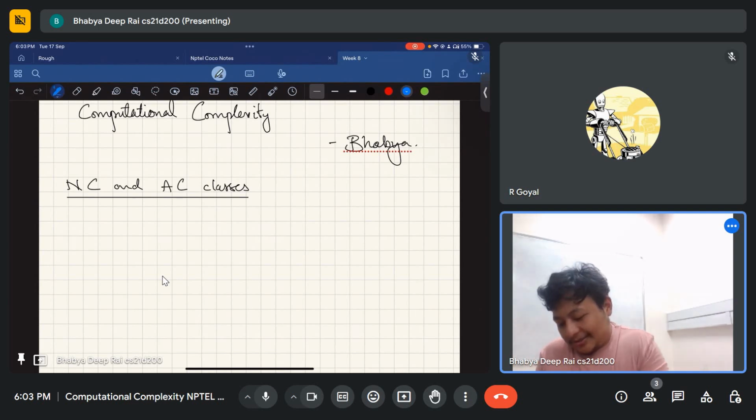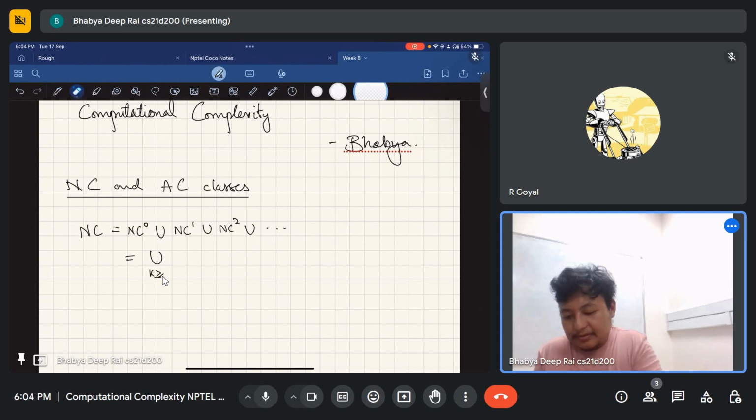NC is composed of NC0 union NC1 union NC2 and so on, which is nothing but the union over i at least 0 of NCi.